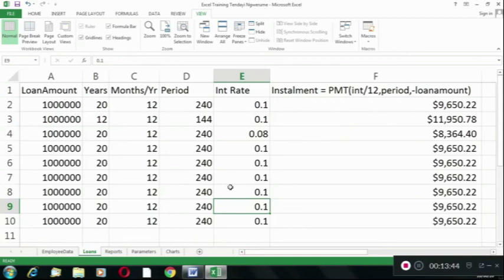So you can already see, without going to the bank to ask them how much you need to pay per month, you can simply check what is their current interest rate, and you simply feed it into a worksheet like this one here.